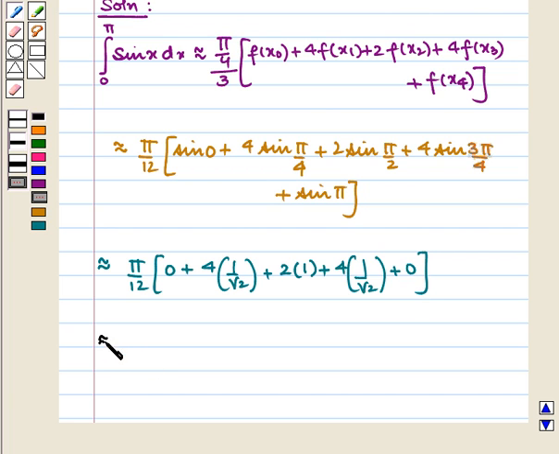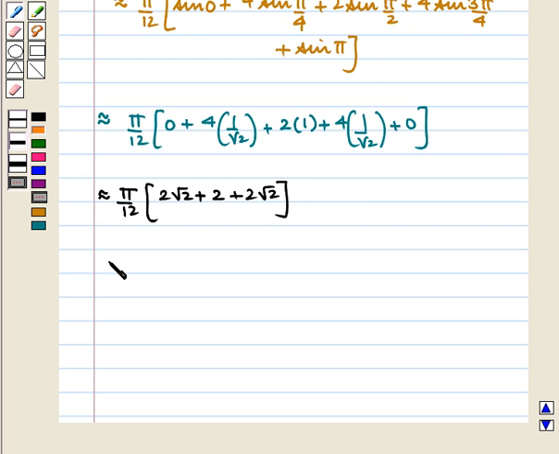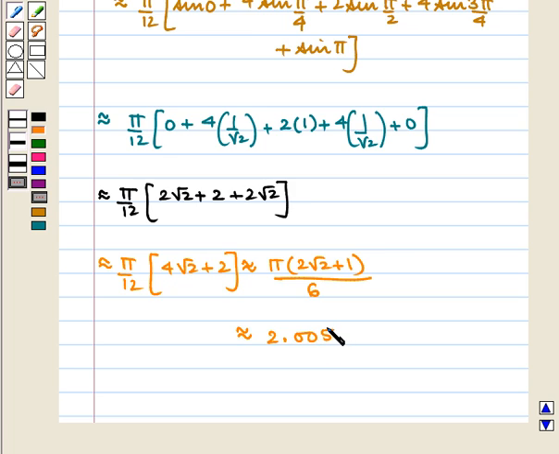which is equal to pi by 12 into 2 root 2 plus 2 plus 2 root 2, which is equal to pi by 12 into 4 root 2 plus 2, that is equal to pi into 2 root 2 plus 1 the whole upon 6, that is approximately equal to 2.005.